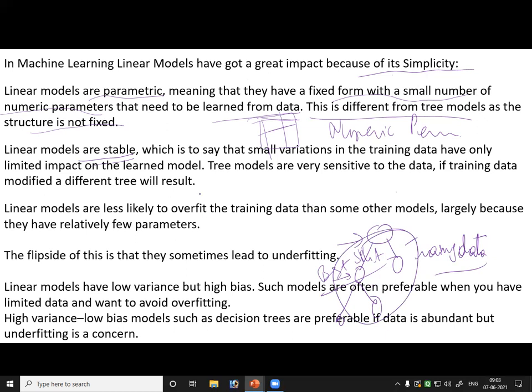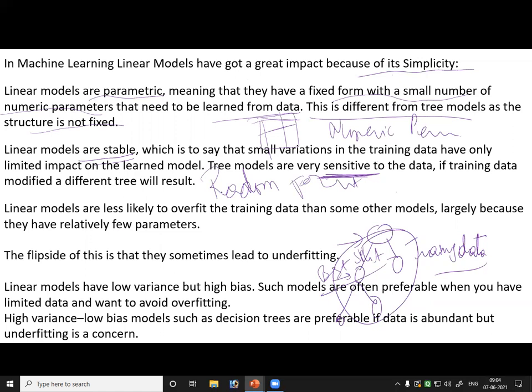That is why trees are called sensitive. Tree models are sensitive to the data. If you change it, automatically the entire structure of the tree will get changed. That is why random forests are available. I'll tell you about random forests in the next part.